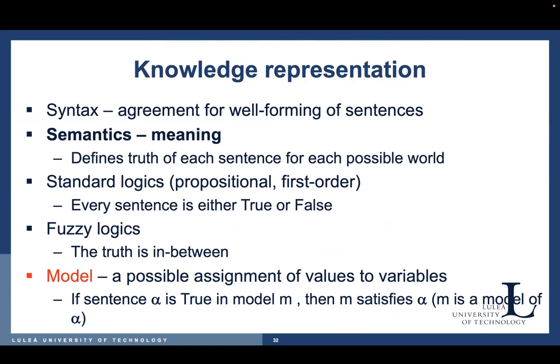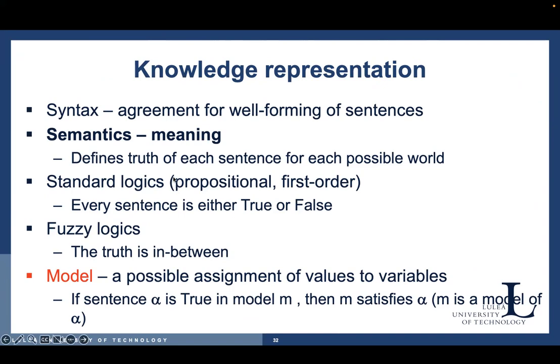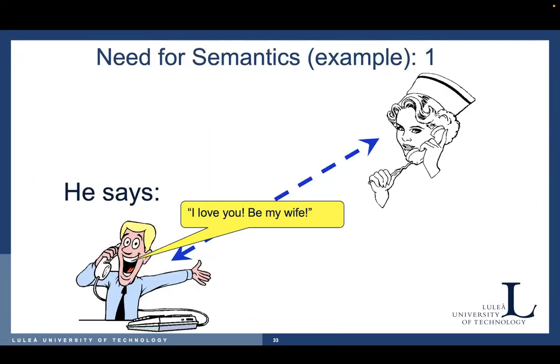In the case of propositional logic, for us semantic was a definition of truth of each sentence. So that's a very technical definition. Here we extend semantics really to its general sense, describing the global meaning of objects and their relationships.